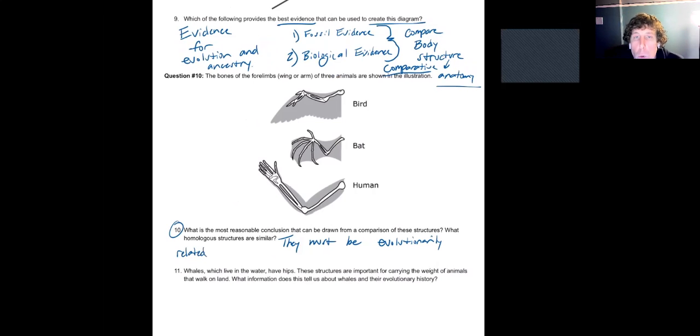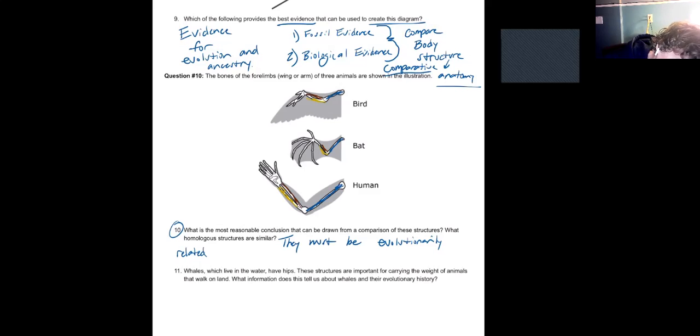Why would we say that? Why would we say that the bird and the bat and the human are related? Well, I'm going to color them in. We have similar bones. That's the humerus bone right there. This top one is the ulna, and this bottom one is the radius.